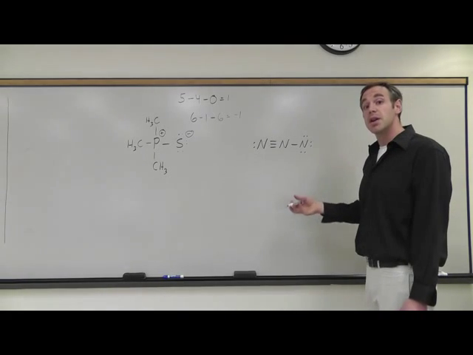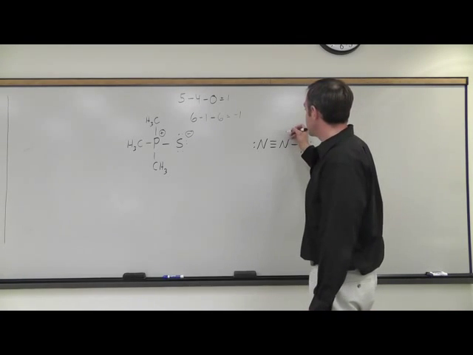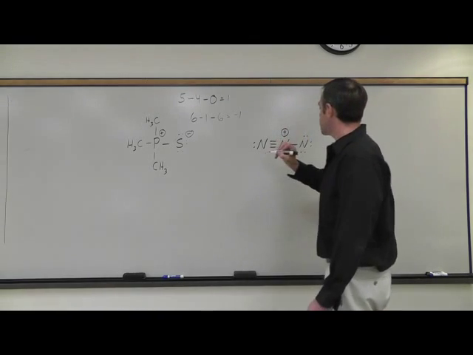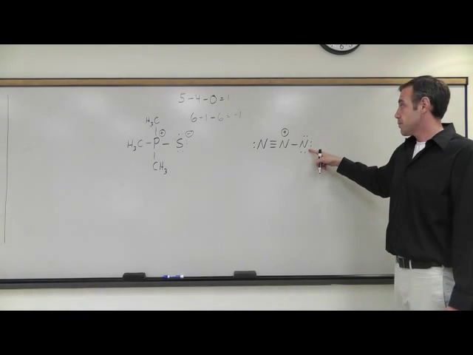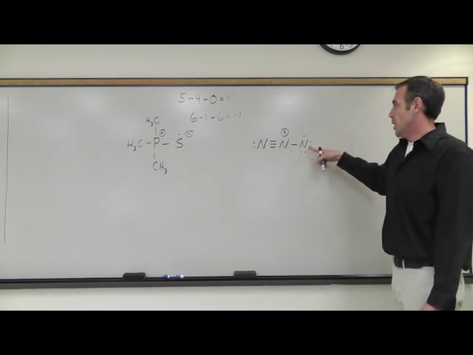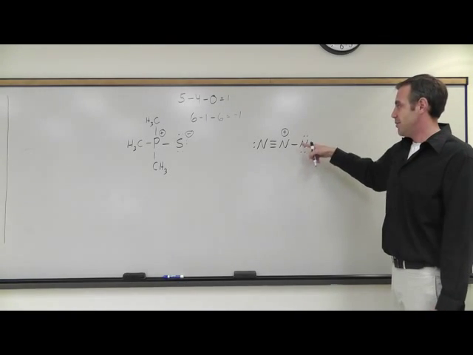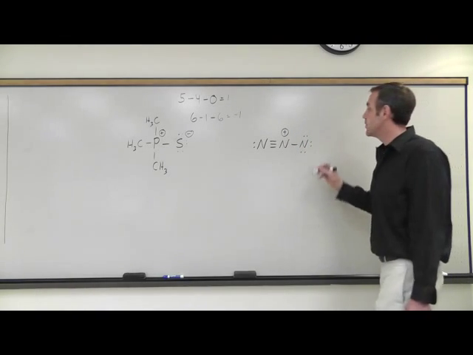And so 5 minus 4 minus 0 electrons is a positive 1. And over here, if we look at this nitrogen, it's got a full octet, but there's going to be a big problem. It's group 5, minus 1 bond, minus 6 electrons. That's a negative 2.